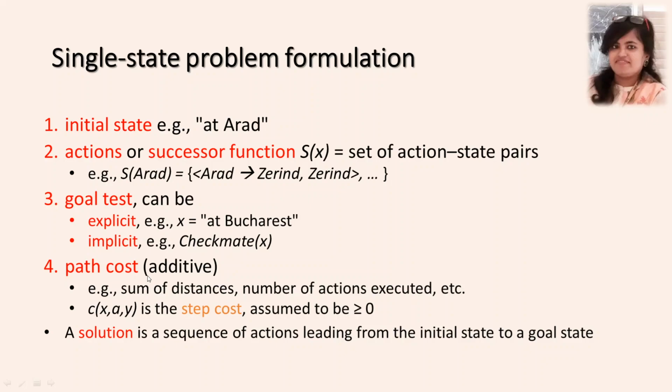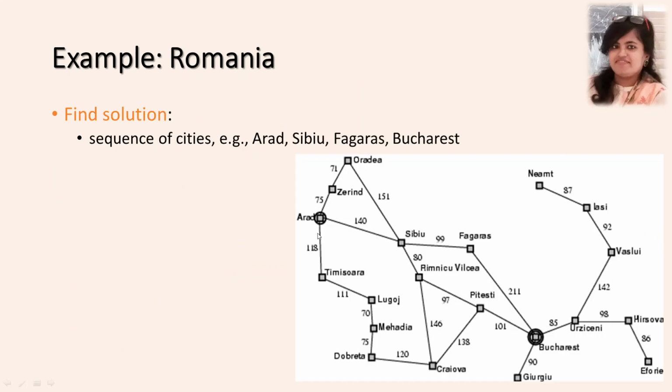Next, the path cost. This is basically additive. Why? It is the sum of distances, the number of actions executed. That is why it is added. Suppose you are in Arad, then you need to go to Sibiu. This path cost is 140. Next, from Sibiu you are going to Fagaras. This particular path cost is 99. But to reach Fagaras from Arad, what is the path cost? 140 plus 99.